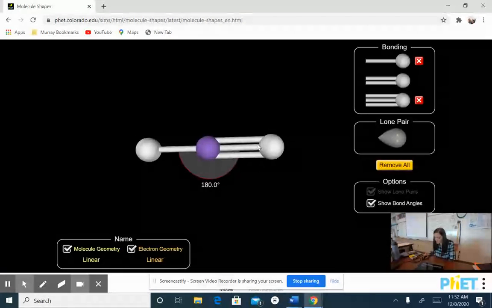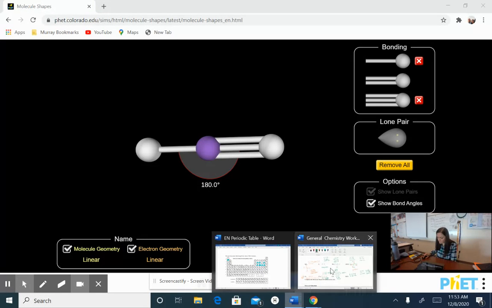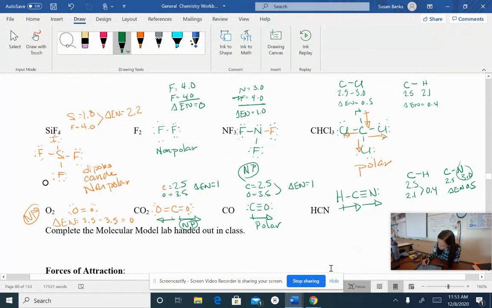So the electrons are really going to be focused around the nitrogen. We're going to have a partial negative charge right here, and hydrogen is not going to have its fair share of electrons, so it will have a partial positive. So we're going to have a positive end here and a negative end here. So this will indeed be polar. Okay, so cyanic acid is polar.